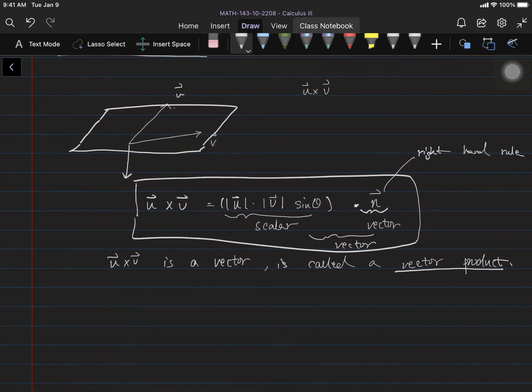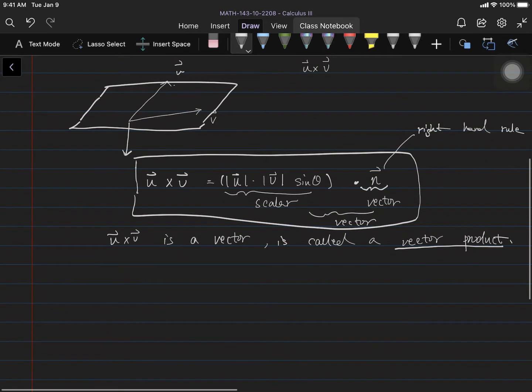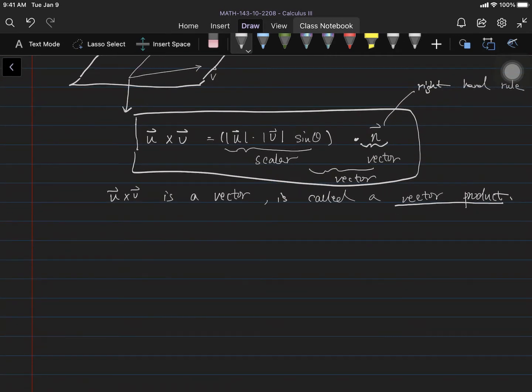Next, we're going to learn how to calculate the cross product, how to find the vector. Before that, we want to learn what a determinant is and how to calculate it. Let's take a look at definition 2, the determinant of order 2.